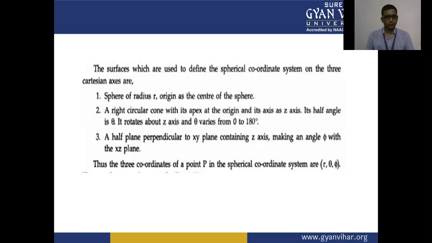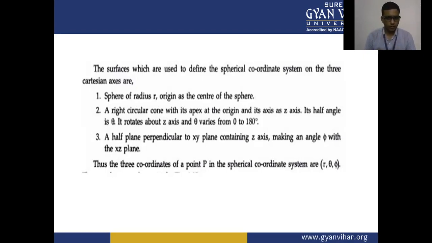So this is all about the spherical coordinate system, which is represented by a sphere. In this sphere, we have three values: r, theta, and phi.